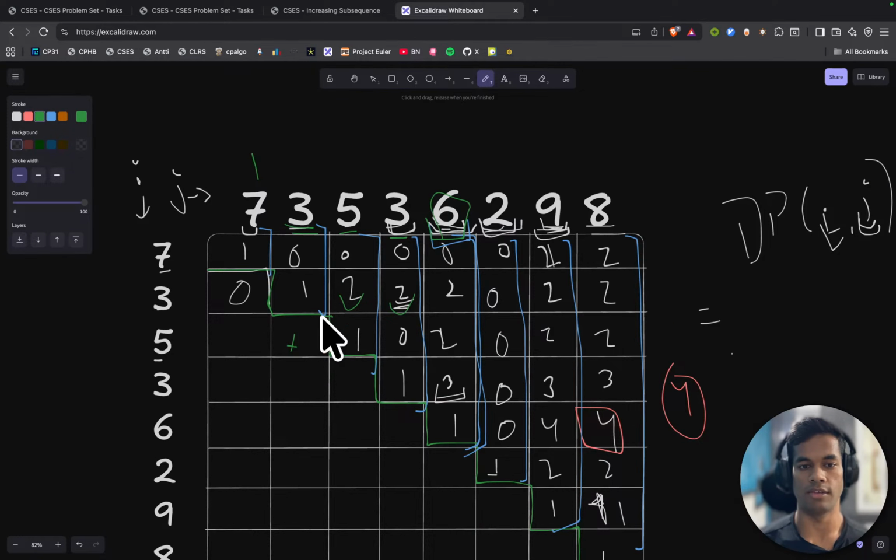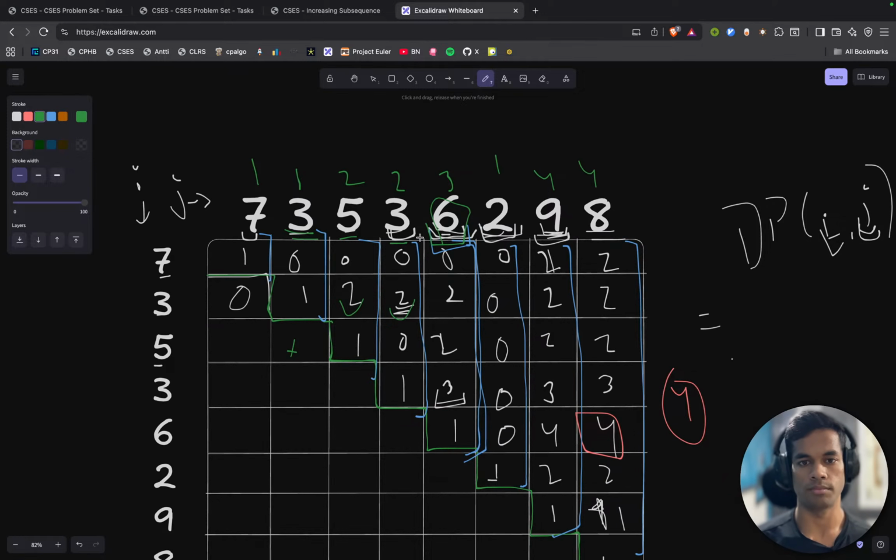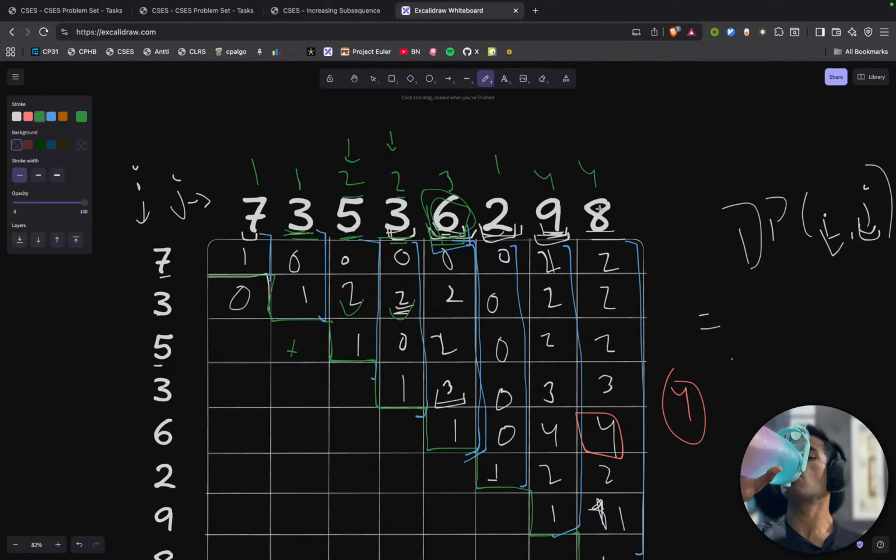So here the greatest value is 1, here it is also 1, here it is 2, here it is 2, here it is 3, here it is 1, here it is 4, and here it is 4. So when I'm here at the 6, I can pair the 6 up with 3, 5, and 3, and I should pair it up with 3 or 5, it does not matter. The highest value is 2, which is the same for both.